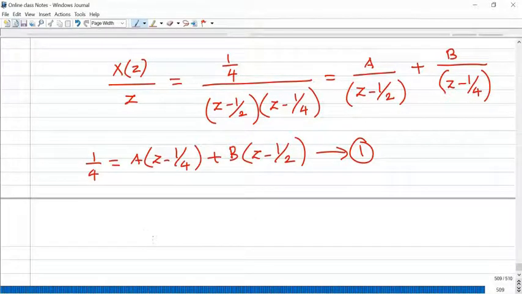So a and b value. A divided by z minus 1 by 2. You will get 1.